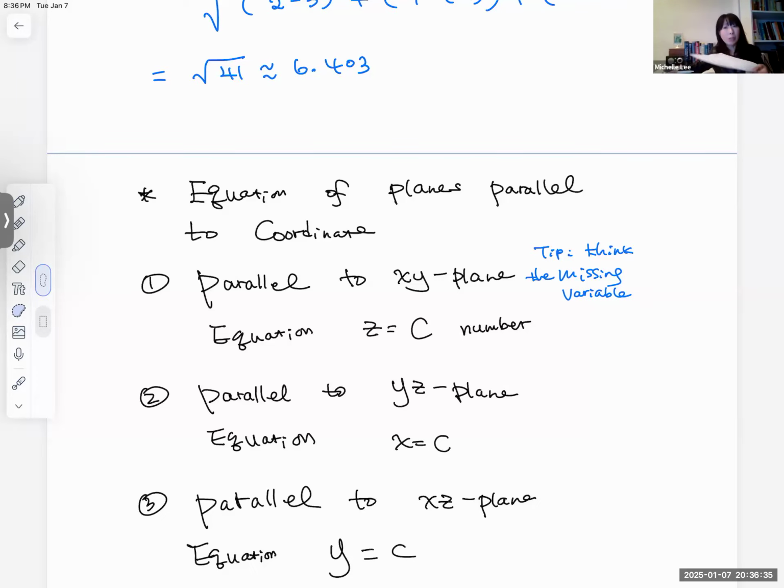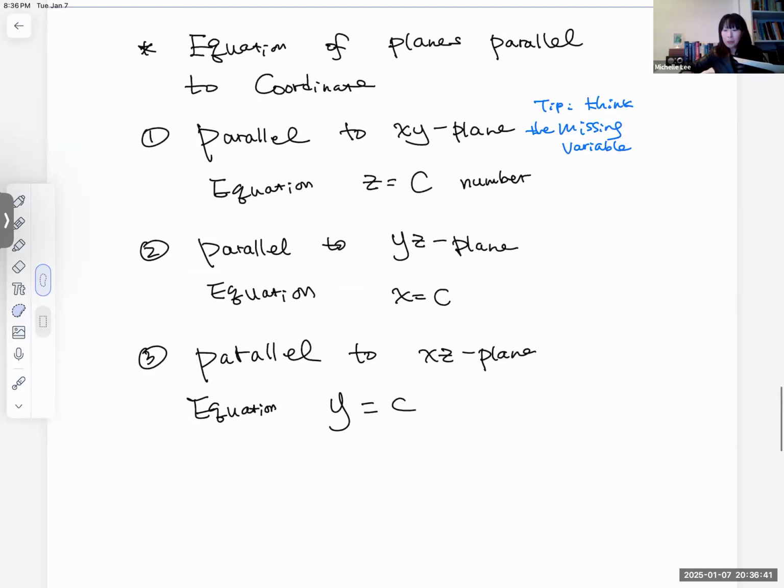So z equal to any number. That is the equation. Now, number two, parallel to YZ plane. So YZ plane like this, right? So equation x equal to c, any number. And parallel to xz plane like this. Then equation y equal to c, any number. Yeah.